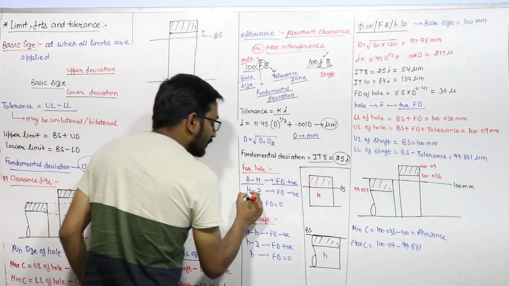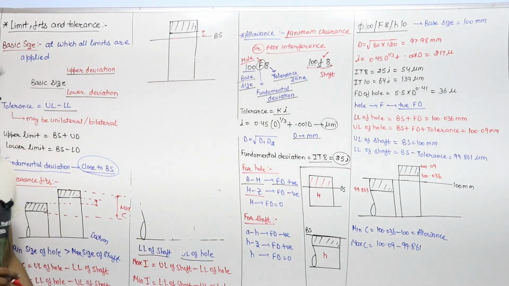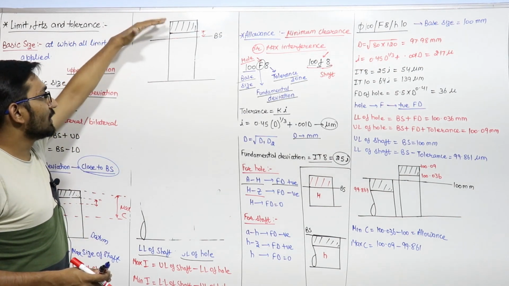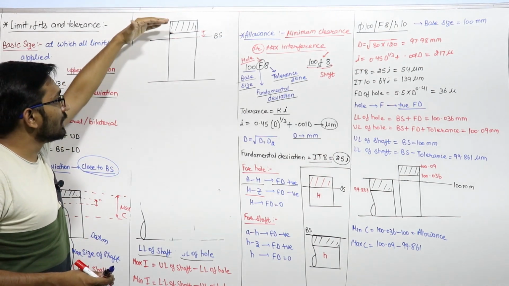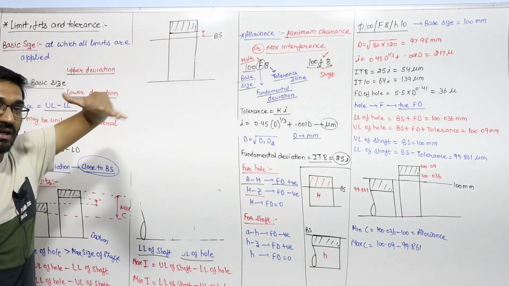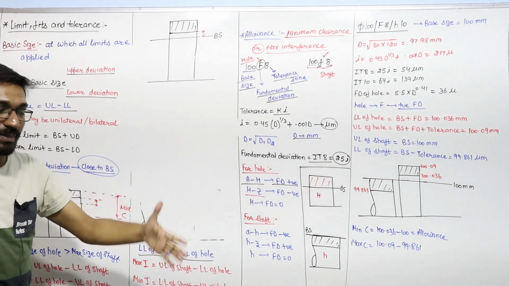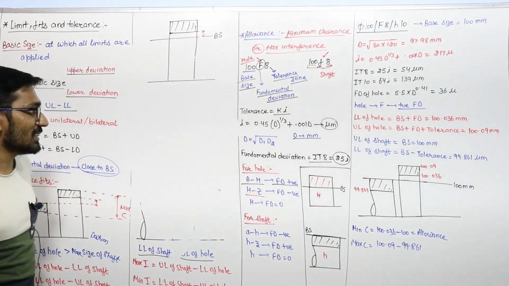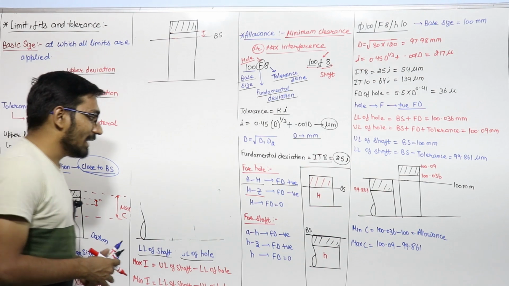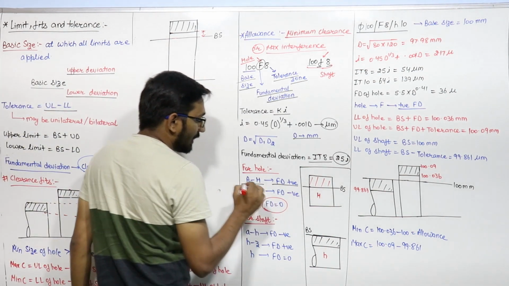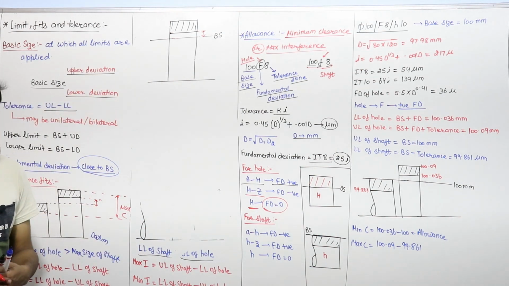From H to Z the fundamental deviation is negative. That means the closest dimension is less than the basic size. The closest dimension is less than the basic size. And for capital H, if this letter is capital H, for capital H fundamental deviation is 0.